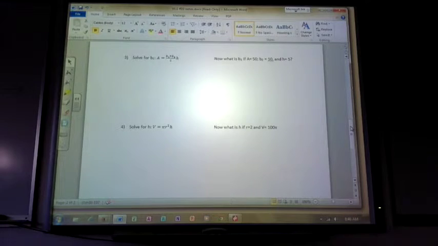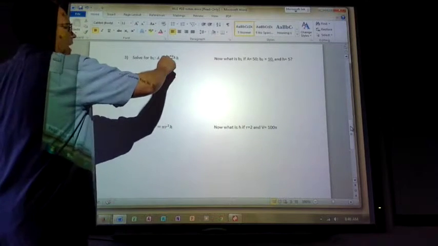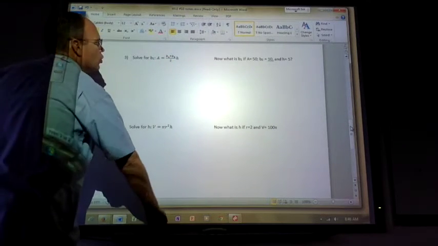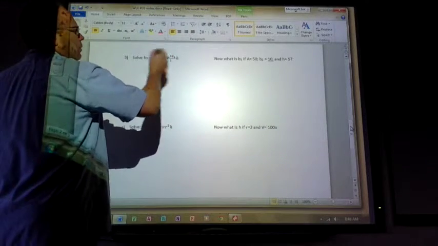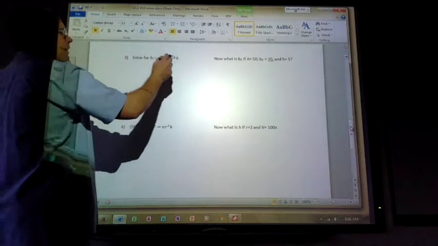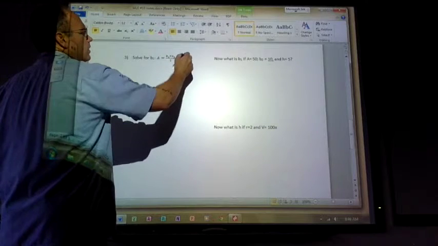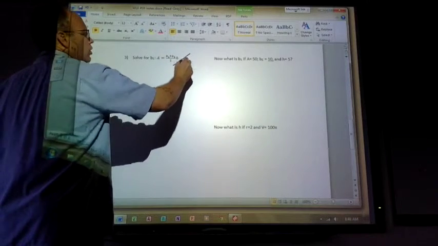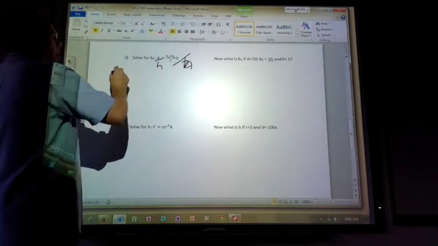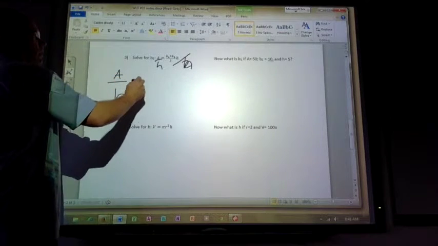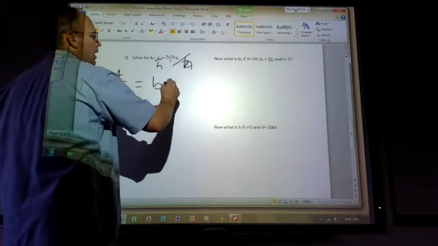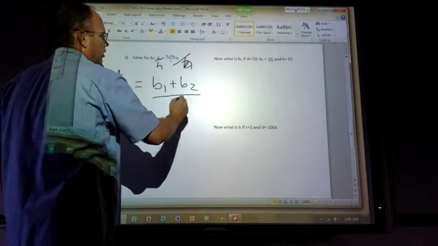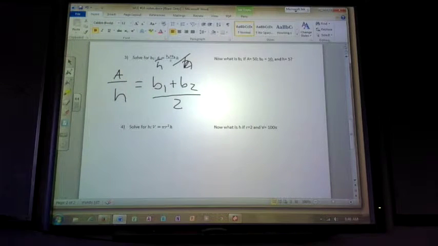So if I wanted to get B1 by itself, I think I could divide both sides right away by h. I'm going to get A over h equals b1 plus b2 all divided by 2. Is that okay so far?